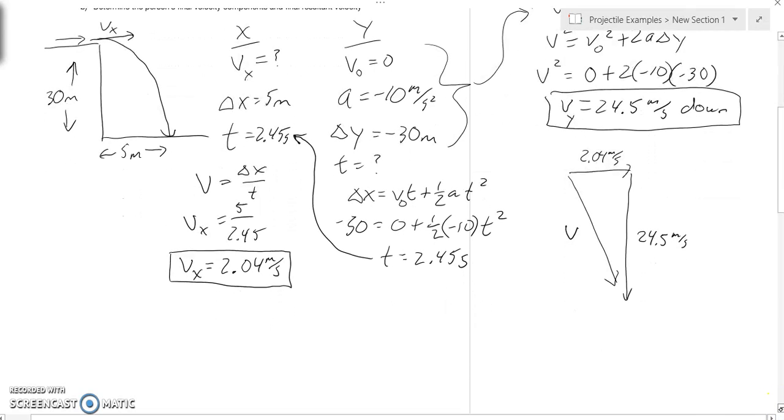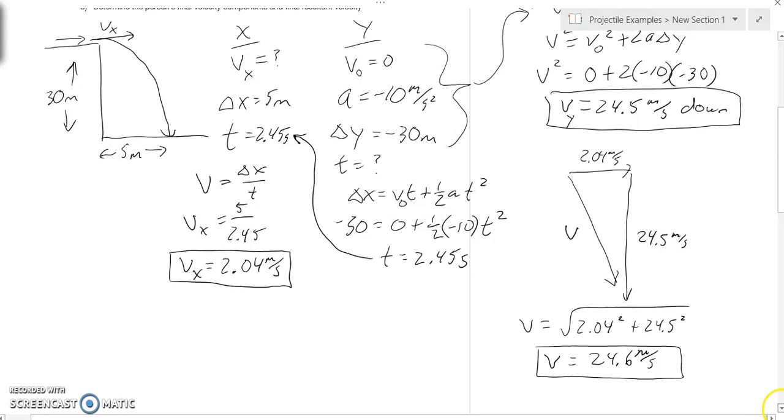Velocity is a vector, so we use Pythagorean theorem to get this, so the velocity will be square root of 2.04 squared plus 24.5 squared, which gives us about 24.6 meters per second.